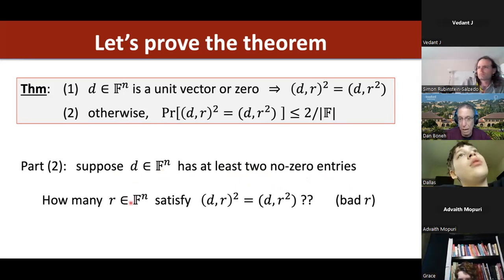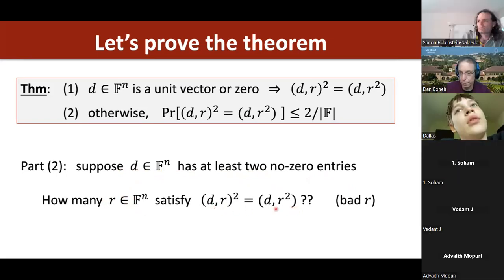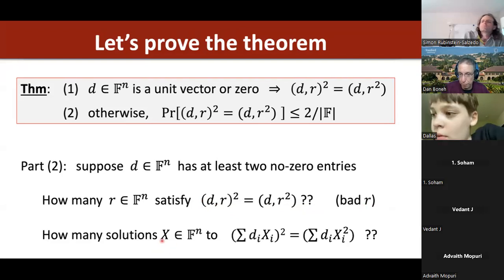So the question is, how many random vectors are there that satisfy this equation, D inner product R squared equal to D inner product R squared? Those are the bad R's. We'd like to argue that there are very few bad R's. How do we do that? Well, we're going to treat this equation as a polynomial equation. We can replace R by variables in a polynomial. So x is going to be our vector of variables, x1 to xn.